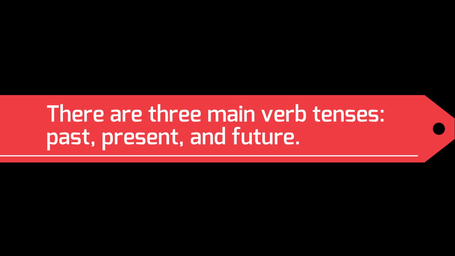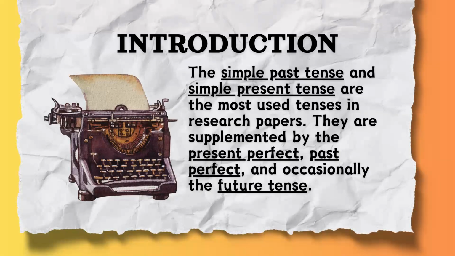There are three main verb tenses: the past, the present, and the future. The simple past tense and simple present tense are the most used tenses in research papers. They are supplemented by the present perfect, past perfect, and occasionally the future tense.